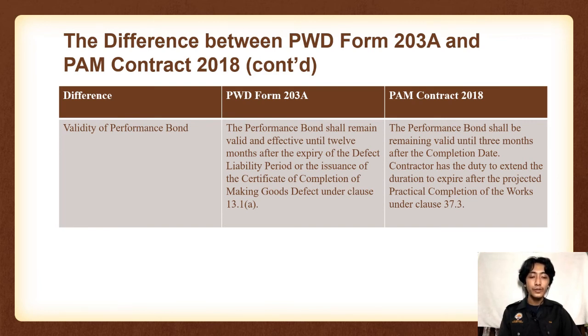For PAM Contract 2018, the performance bond shall remain valid until 3 months after the completion date. The contractor has the duty to extend the duration to expire after the projected practical completion of the works under clause 37.3.